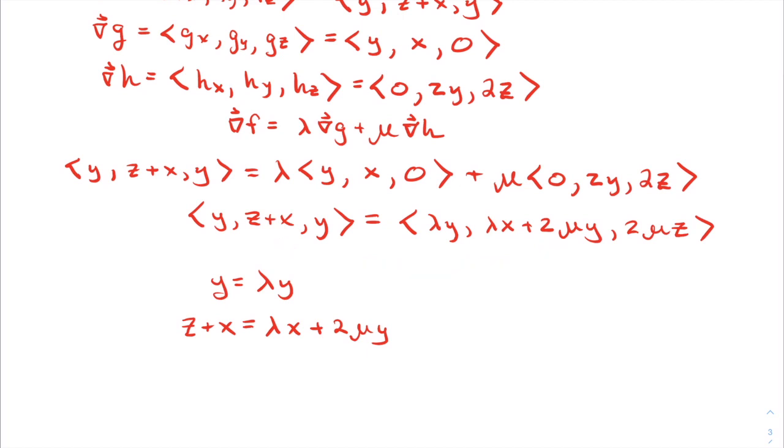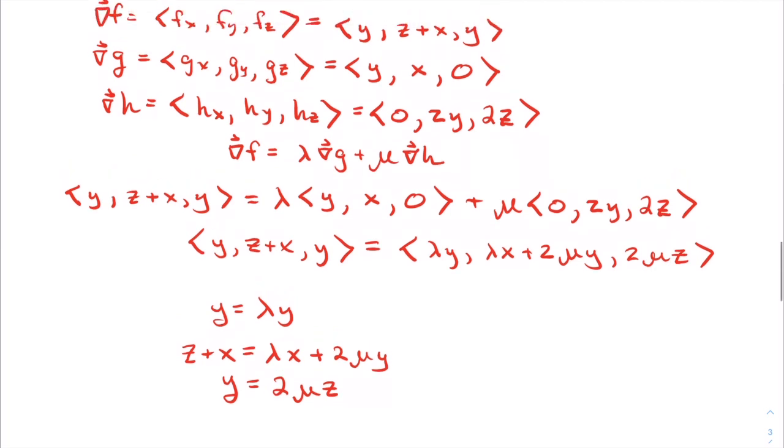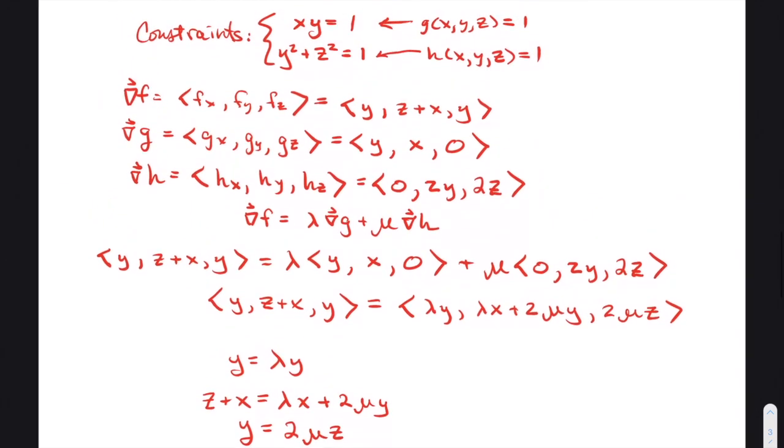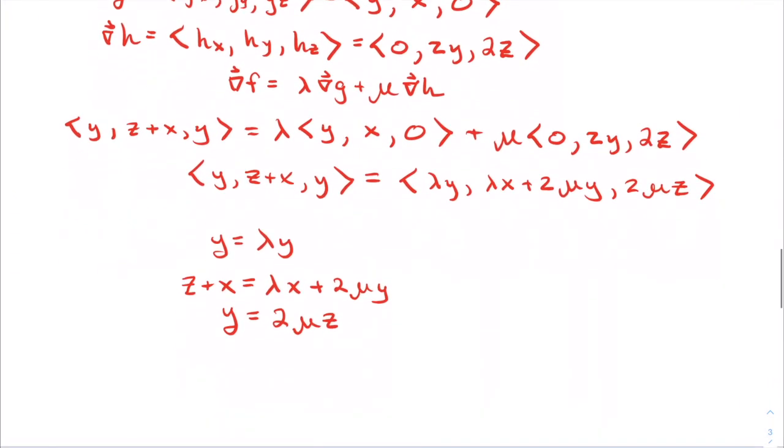Our third equation is that y has to be equal to 2 mu z. The fourth equation will be the first constraint function, which was xy equals 1.